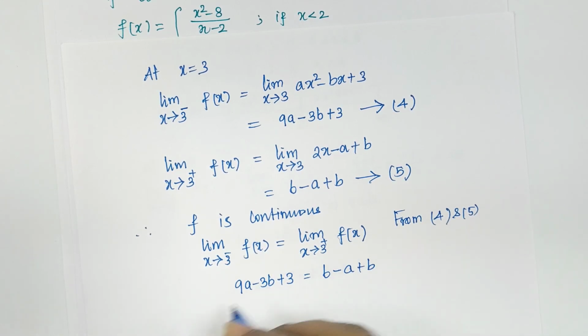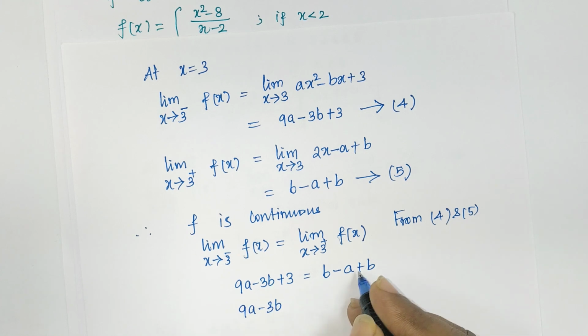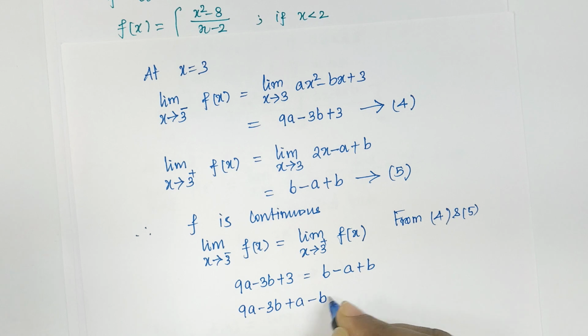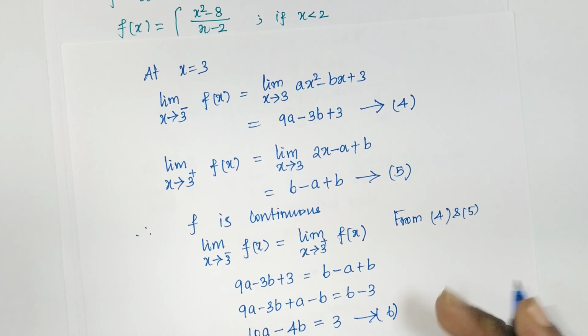Simplify this: 9a minus 3b, the minus a shifts to the left-hand side as plus a, plus b minus b, and 6 minus 3 shifts to the right-hand side. So we'll get 10a minus 4b equal to 3, which is equation number 6.